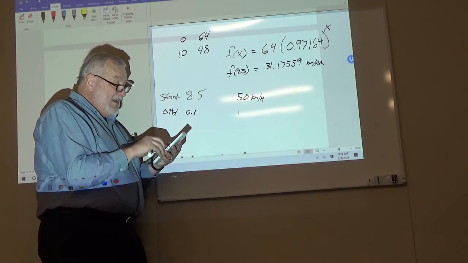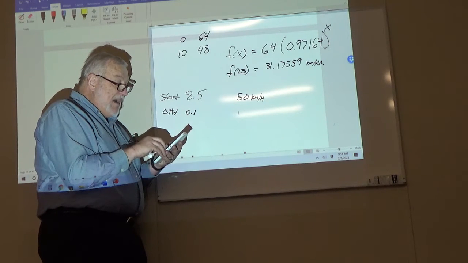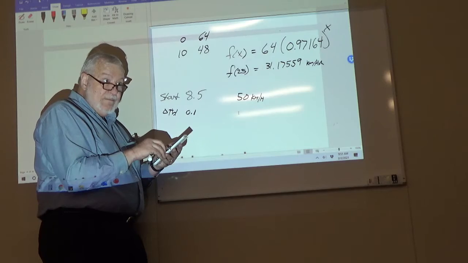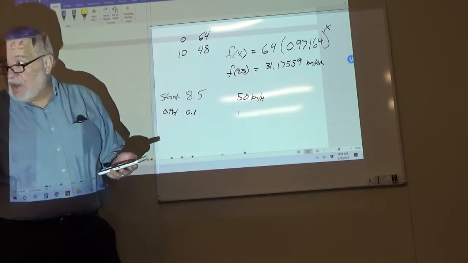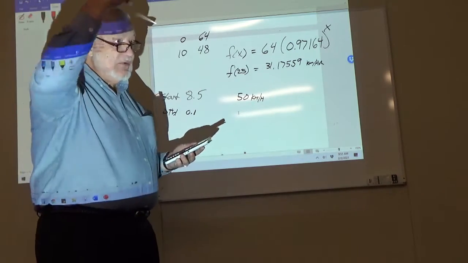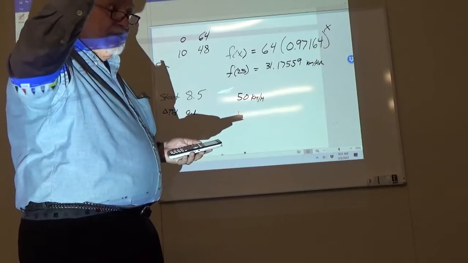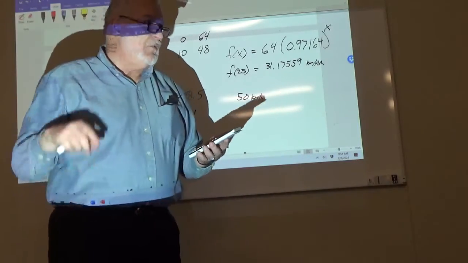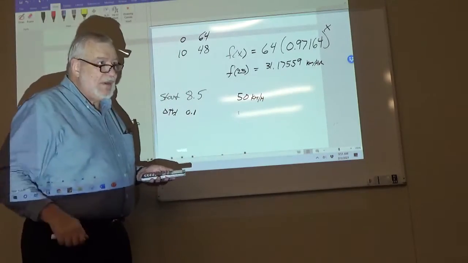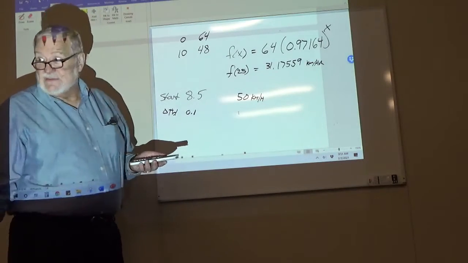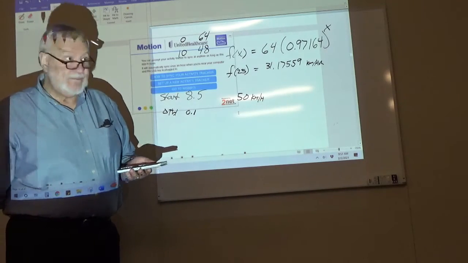And I see again that 8.5 is close. So if I wanted it closer than every 10th, I could go do that table set one more time. And obviously, if you wanted it even closer, you could go down to hundredths and thousandths with that same process.